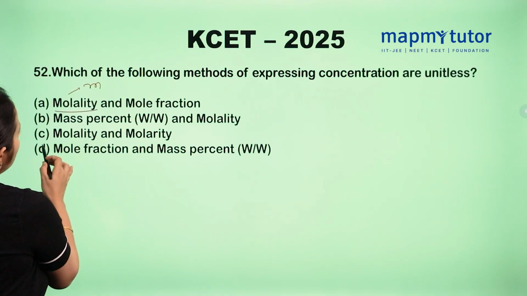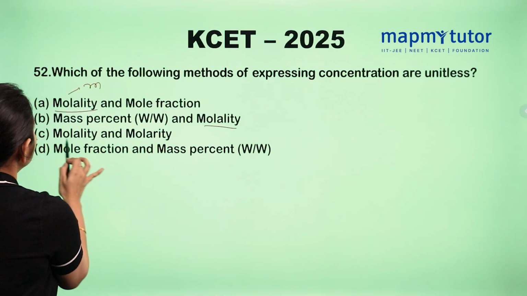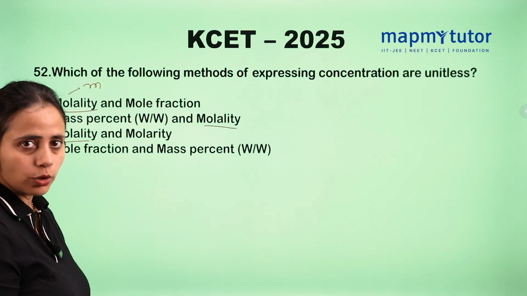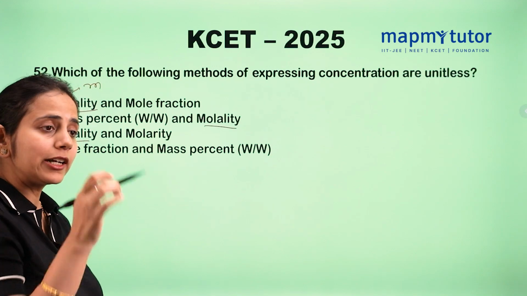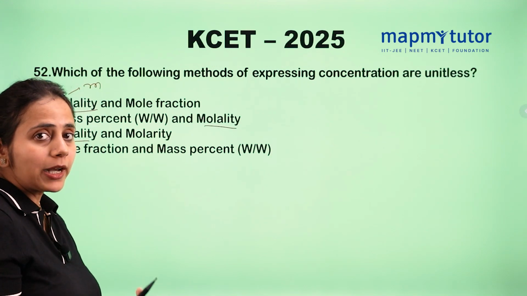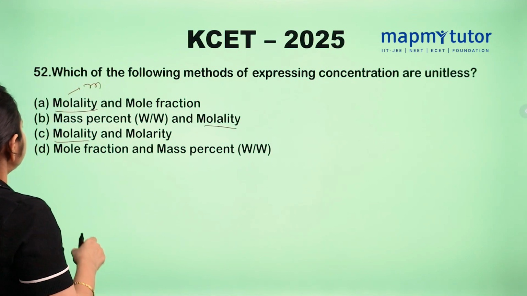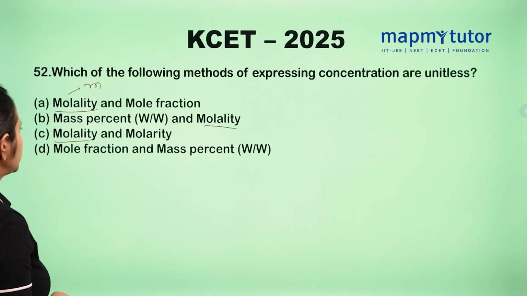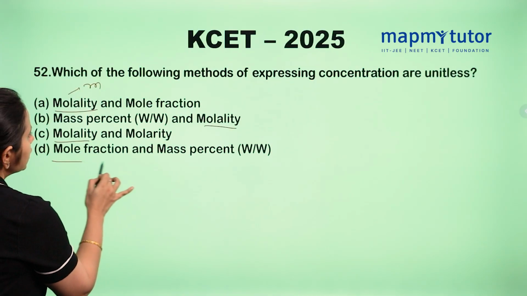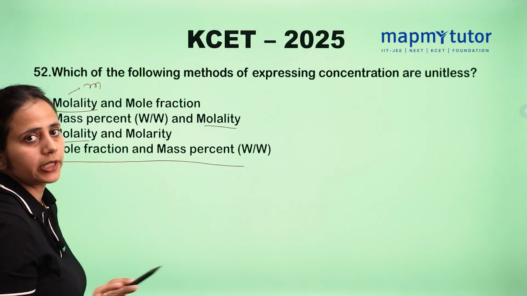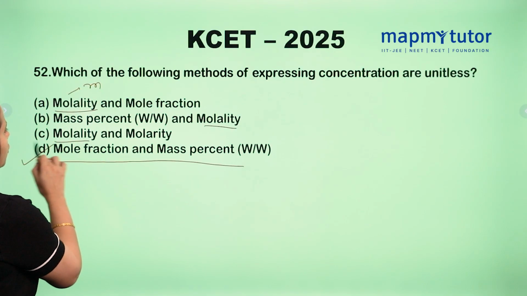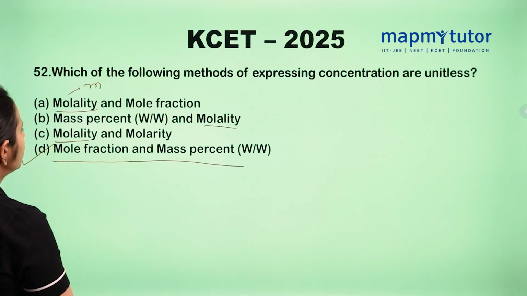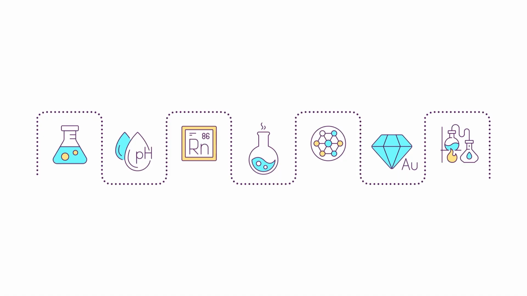In all the options there is molality, and for molality we use small m. For molarity we use capital M. For normality we use N. And they all have units. So mole fraction and mass percent are unitless. We have seen in the last questions also that mole fraction is unitless. So this is the right answer, mole fraction and mass percent.